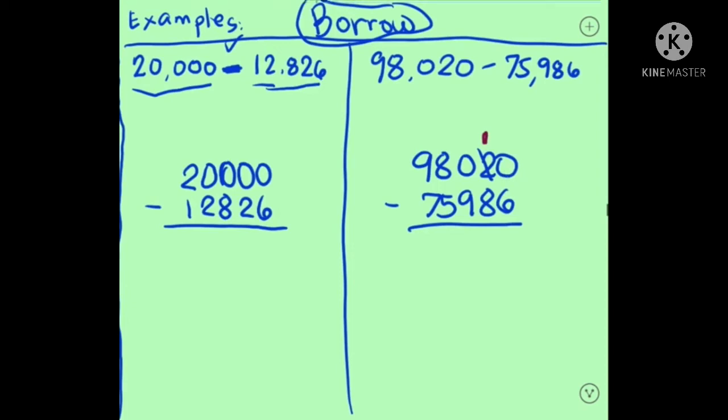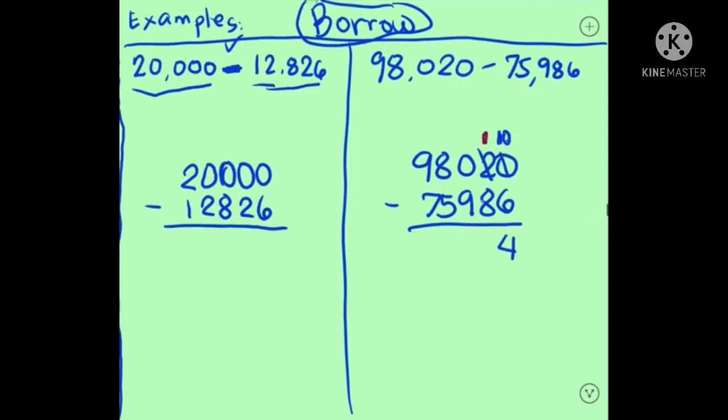So what is 0 plus 10? Okay, this is now 10. Alright, did you understand now? So this one is 10 now. This is 1. Okay, so what is 10 minus 6? 10 minus 6 is 4.